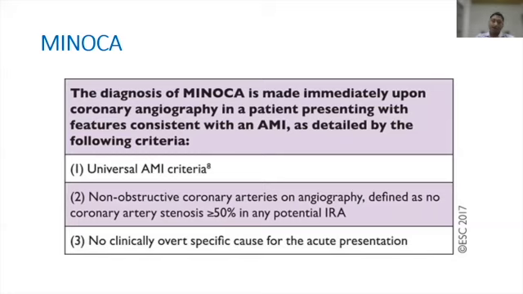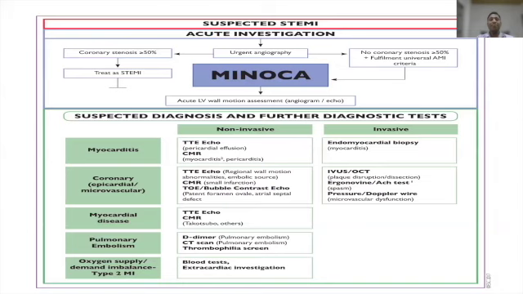Obstructive coronary artery disease means at least 50% or more stenosis in the coronary arteries. Otherwise, we say non-obstructive coronary artery disease. So the patient fits the acute myocardial infarction criteria, there is non-obstructive coronary artery disease, and you don't have any other cause for the STEMI changes. In such circumstances, you can label that patient as myocardial infarction with non-obstructive coronary arteries.